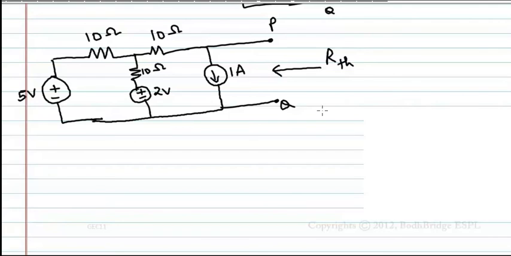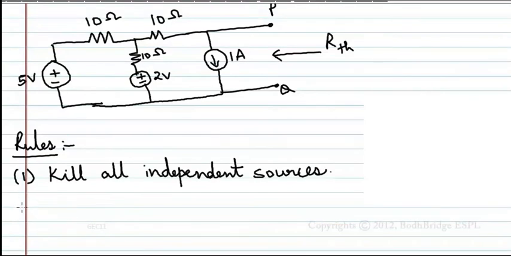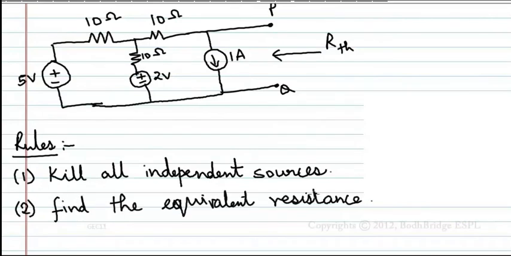So the first rule is, kill all the independent sources. Okay. Second, find the equivalent resistance. The equivalent resistance is nothing but the Thevenin resistance.